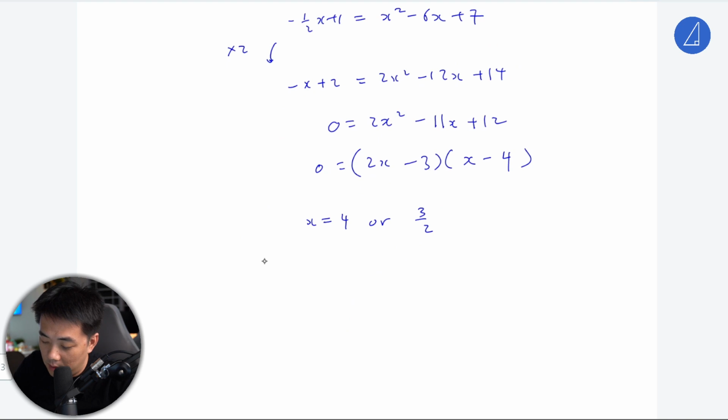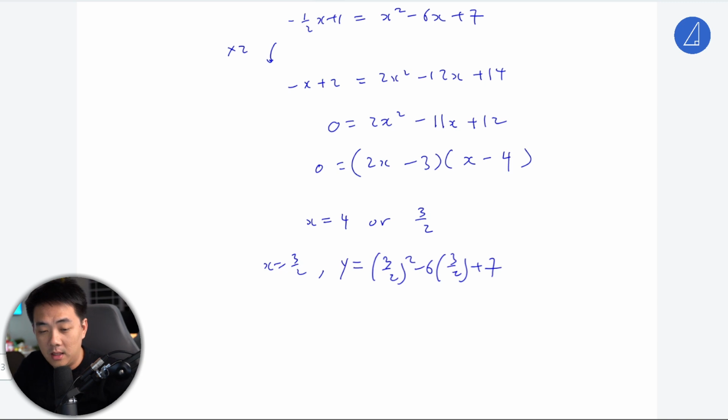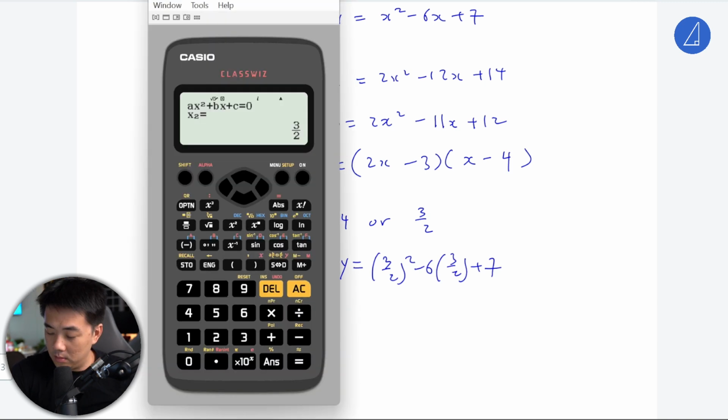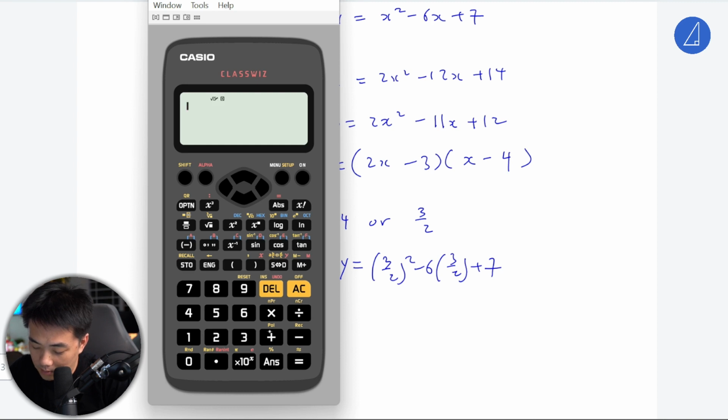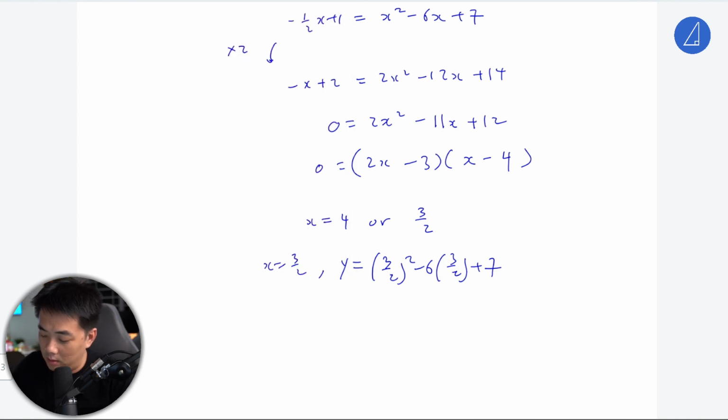So when x equals 3 over 2, substitute into the equation: y equals (3/2) squared minus 6 times (3/2) plus 7. Key it in the calculator, that will give us 1/4.